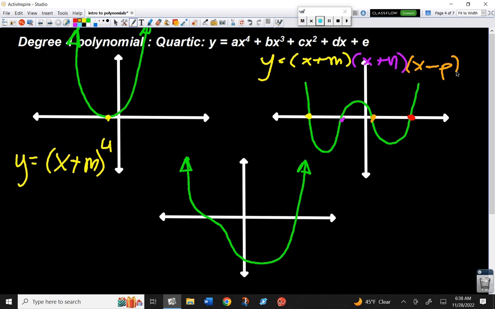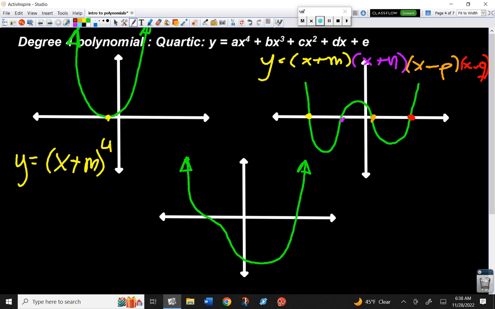And then the last one, of course, is going to be x minus, I don't know, we'll just say q. Q, that's a q, not a 9 or anything. The letter q. So you see you have four roots, and that's where they cross the x-axis. Notice that the signs do change inside the parentheses.